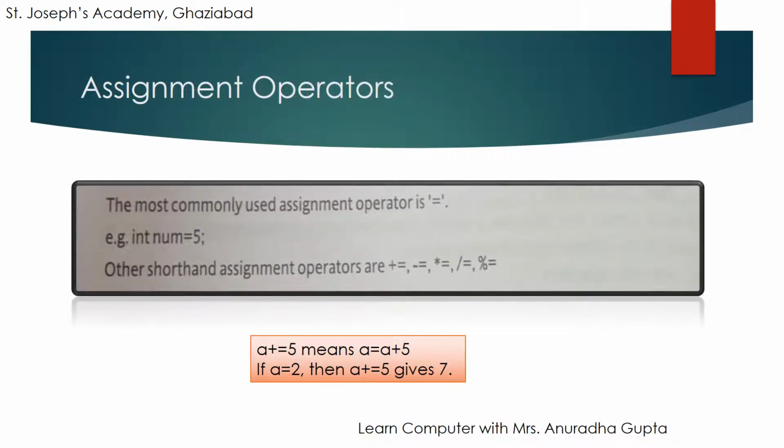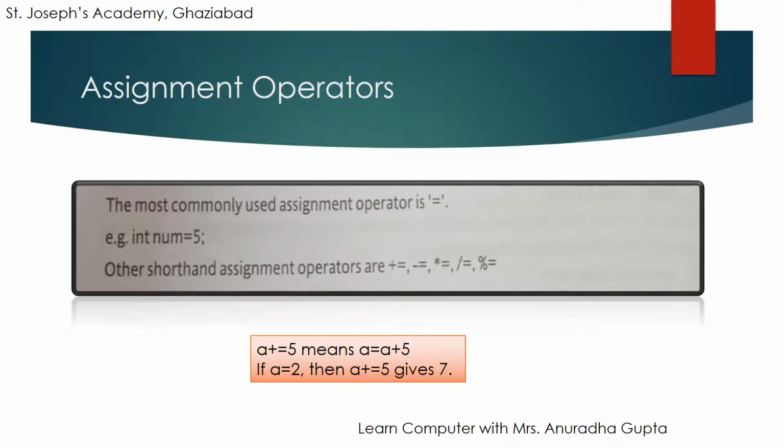Let's move to the fourth and the last type of operators. That's the assignment operator. It is basically used to assign a value to a variable. Commonly, the assignment operator is the equal sign. Look at the example.